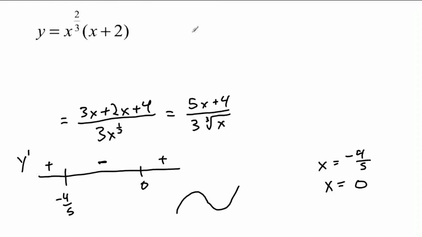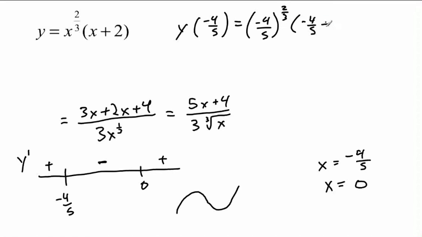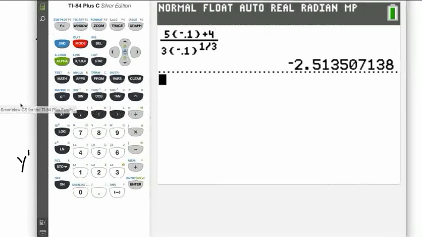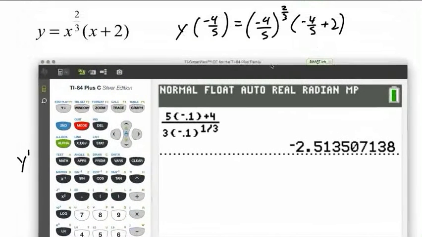So if I plug negative 4/5 into my y, I'm going to get negative 4/5 to the 2/3 multiplied by negative 4/5 plus 2. Now, I'm just going to not worry about getting exact values. I'm actually going to get a decimal approximation. So I'm just going to plug that into my calculator.